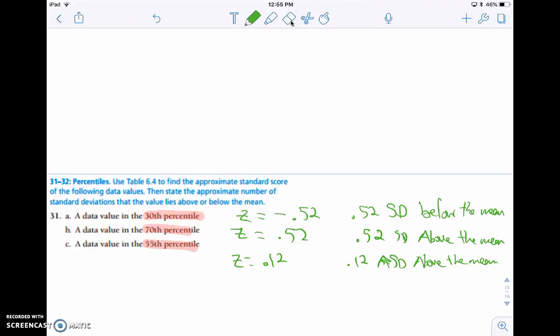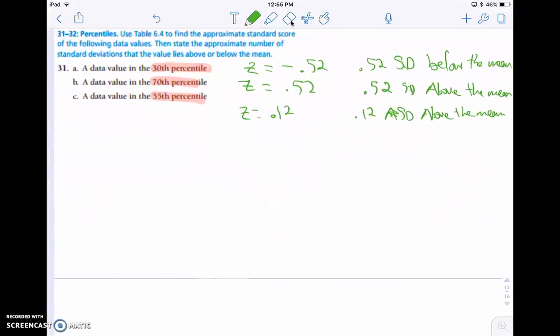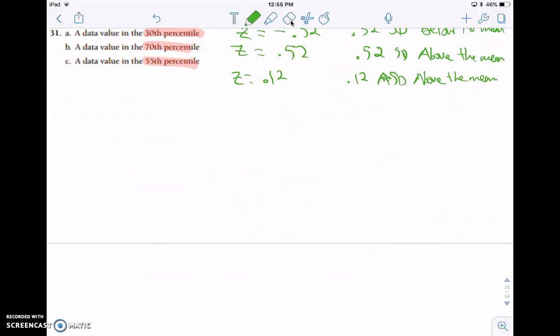So that's how we'll look at percentiles and standard z-scores and determine the correlation between the two, and if you know one, how to find the other, and vice versa. So that wraps it up for Unit 6C. If you do have any questions, please do not hesitate to let me know, and I appreciate your time.